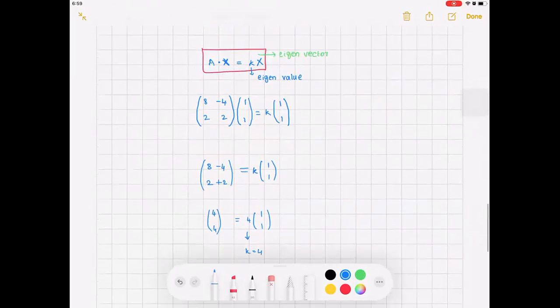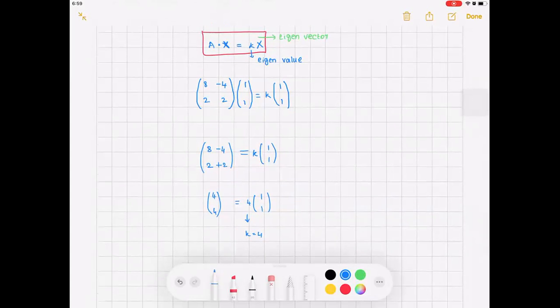So actually this is the eigenvalue and eigenvector. So there exists a scalar value k and there exists a vector. இது வந்து column matrix இல்லையா? So a column matrix is also referred to as a vector. So there exists a scalar and there exists a vector such that when you multiply the matrix with that column matrix, you get the same column matrix, scaled by the scalar, on the right hand side.